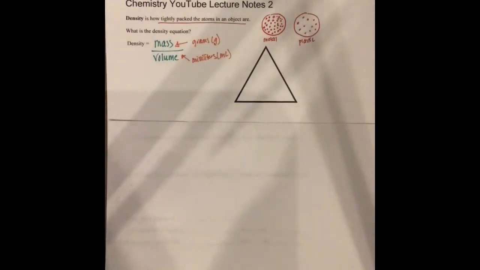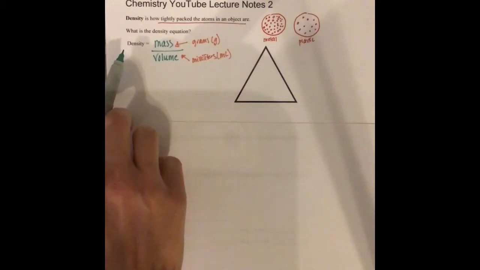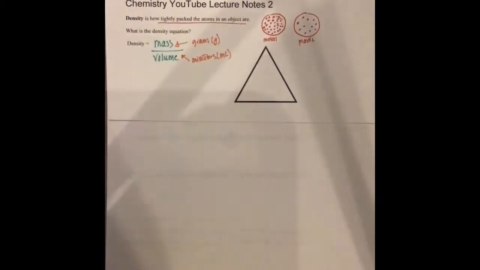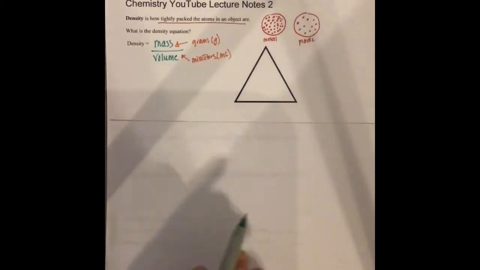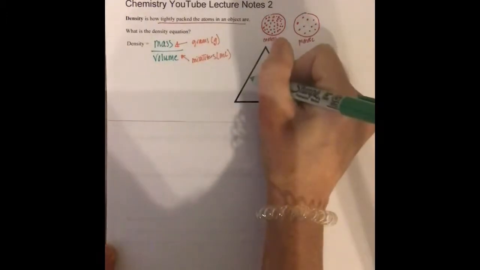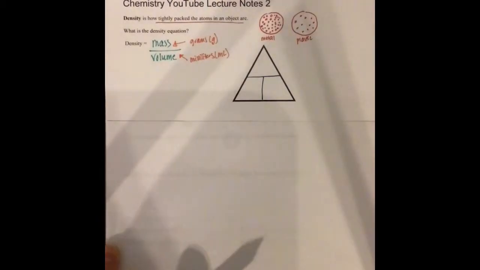Plugging in mass and volume is pretty easy in order to calculate density, but sometimes we will want to find one of the other variables. If you're really great in algebra, that's going to be easy for you to rearrange that equation. If algebra is a little bit harder for you to visualize, I have this handy triangle trick.